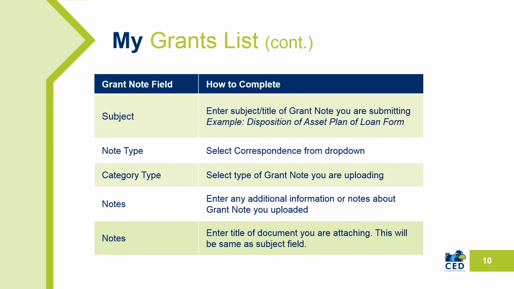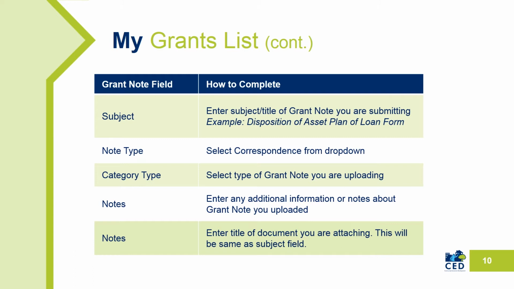The Category Type field is also a drop-down field, and you will select the option that describes the type of document you are uploading. If you are unsure what to select here, feel free to reach out to your program specialist or grants management specialist. Also, you can go back and edit this grant note after submission if you want to change the category you selected.